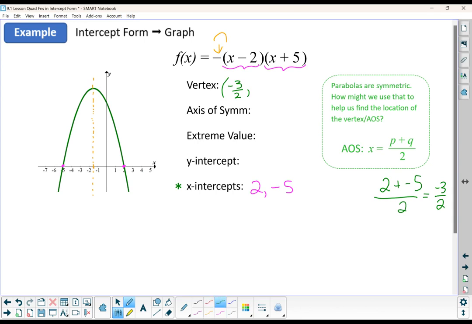So now we need to find the y value of the vertex, and we're going to find it the same way we've been finding it, and that is we're going to substitute in. I'm going to do it down here at the bottom. f of negative 3/2. Now this one will not be exactly as easy to calculate mentally, so I'm going to go ahead and use my calculator just to save time, which is the main purpose of a calculator.